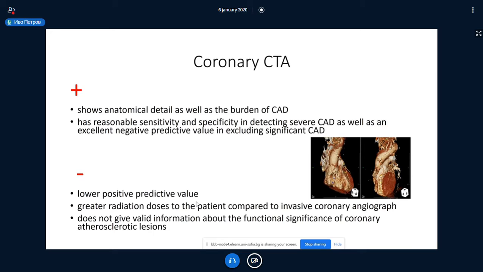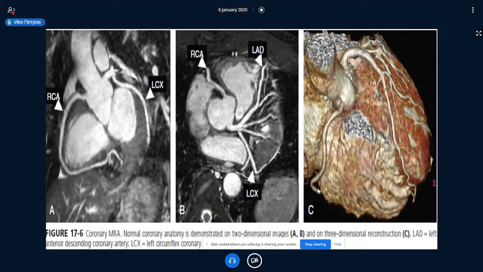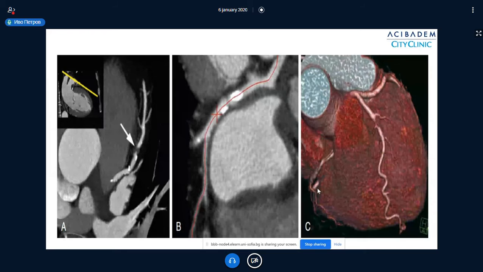The coronary CTA I mentioned already is now in our guidelines, and coronary CT and coronary MRI can tell us if the patient has some coronary artery stenosis, and whether the patient has an indication to go for coronary angio as the gold standard, or to go for surgical or percutaneous revascularization.